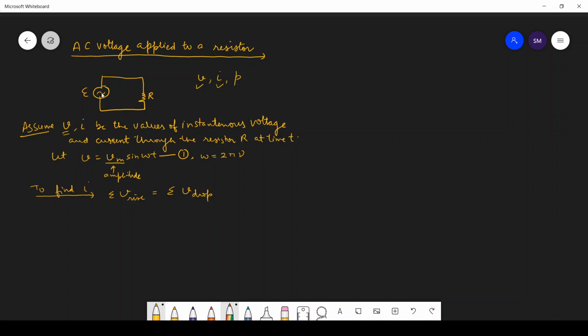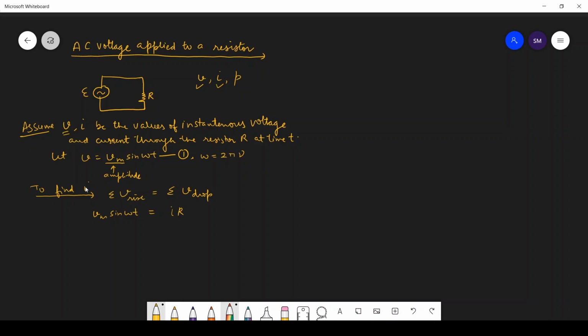Voltage rise here is Vm sine omega t, and what is the voltage drop? The voltage drops at the resistor. So what is the formula? V equals IR, Ohm's law. So this will be equal to IR.